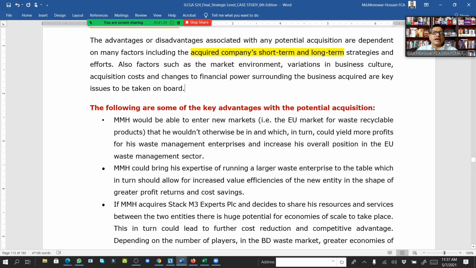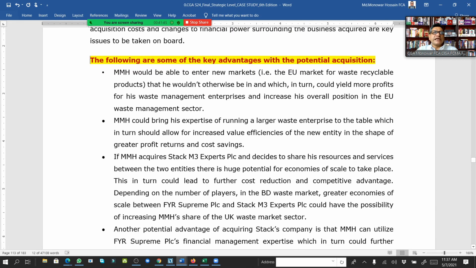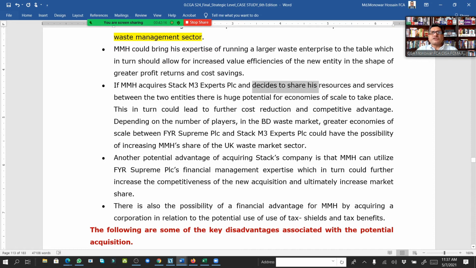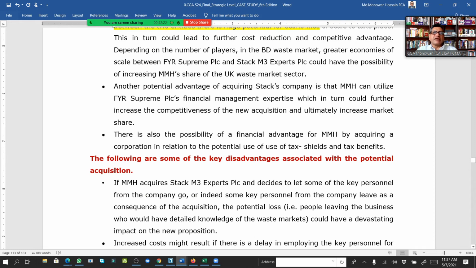The following are some of the advantages of the potential acquisition. MMA would be able to enter a new market that it would not otherwise be in, which could yield more profit, that means more profit through the waste management sector. And MMA could bring its expertise of running a large waste enterprise and share resources, etc. These are the positive things, the advantages.